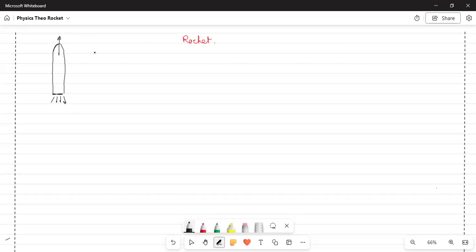Let us say the initial mass of the rocket plus fuel is m0.